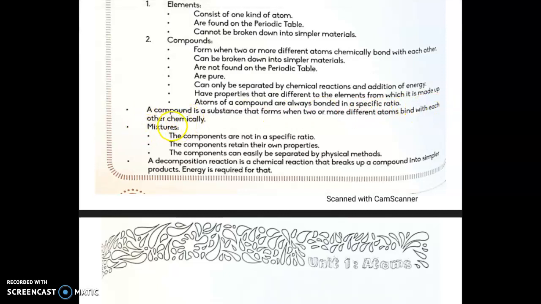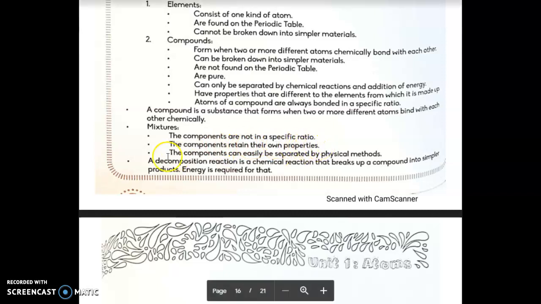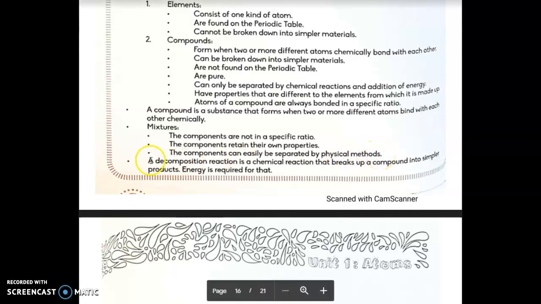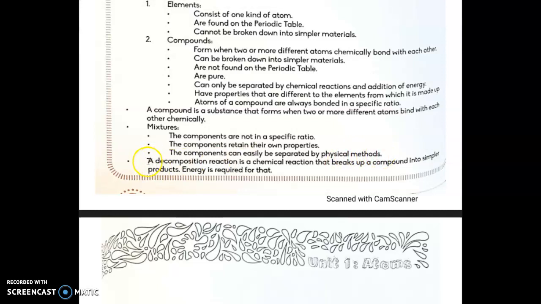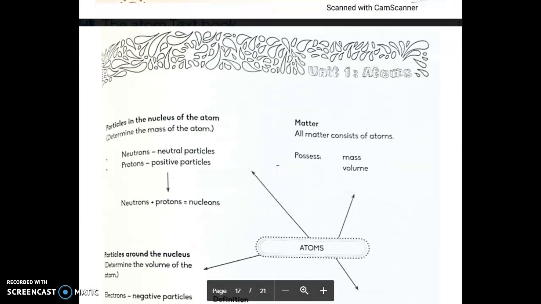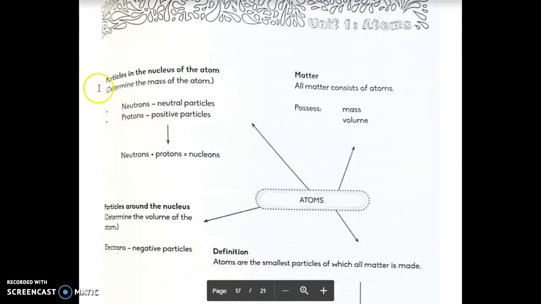In a mixture, the components are not in a specific ratio, and the components retain their own properties, and can easily be separated by physical methods, like pulling them apart or throwing them through a sieve. A decomposition reaction is a chemical reaction that breaks up a compound into simpler products. Energy is required for that, like heat.